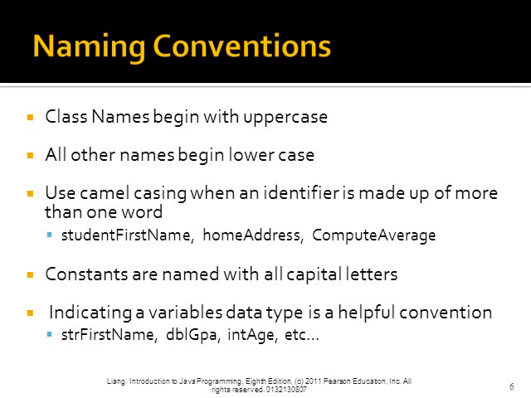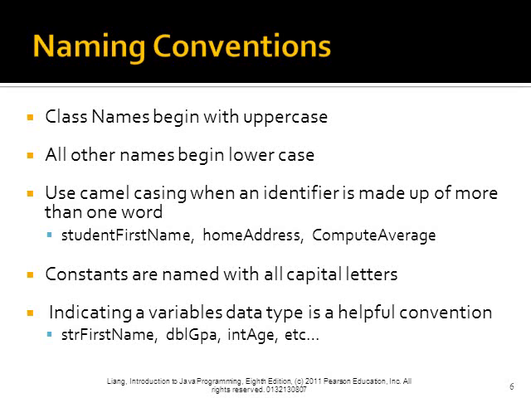Also, it can be helpful to use a naming convention that identifies the type of data that an identifier represents. In my programming, I like to use the abbreviation for the different data types as the first part of an identifier name.